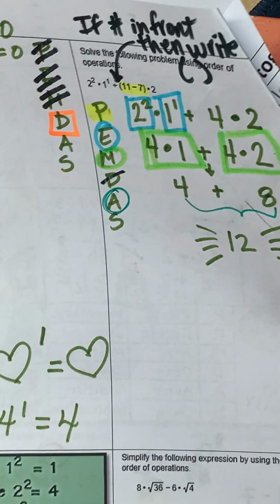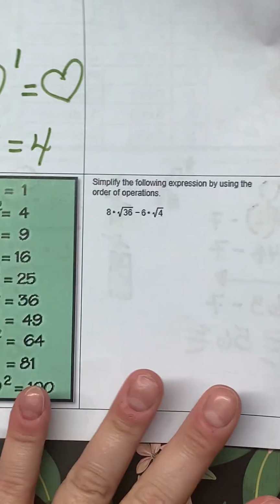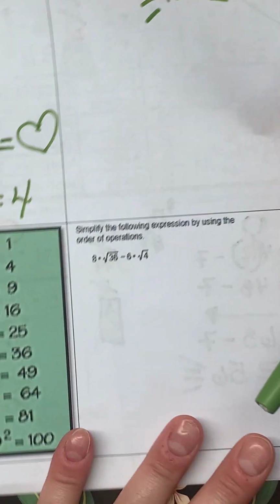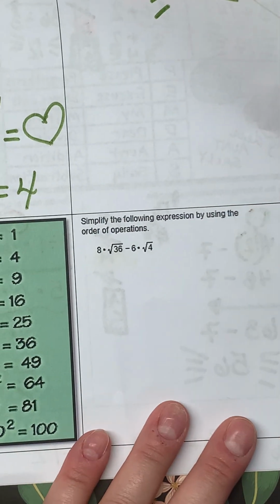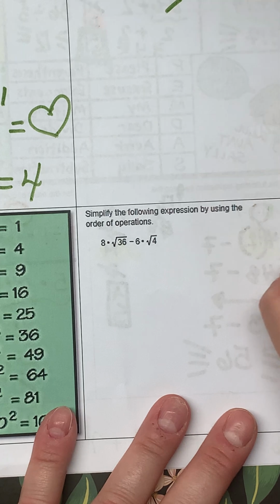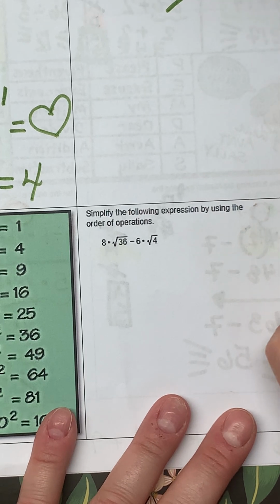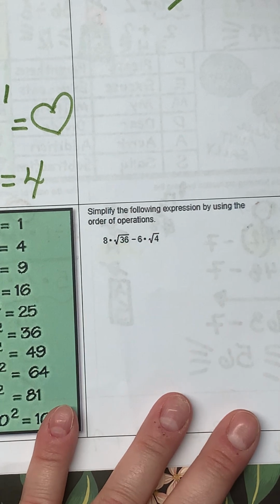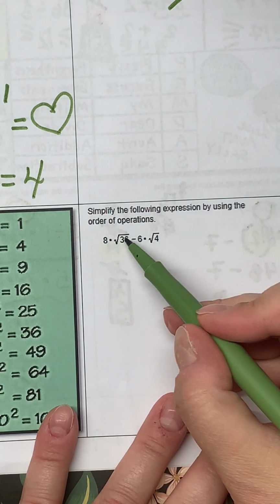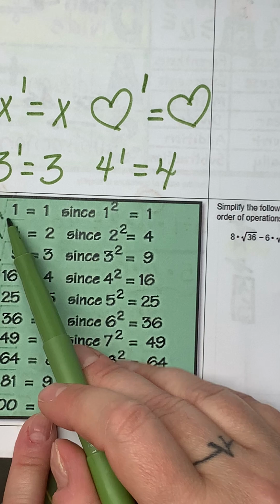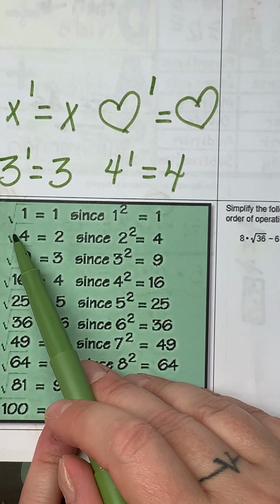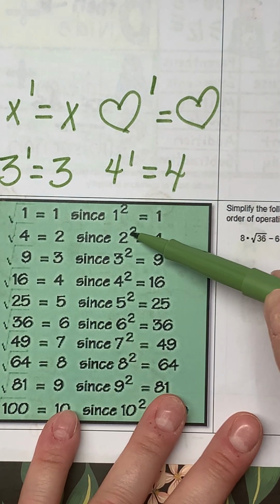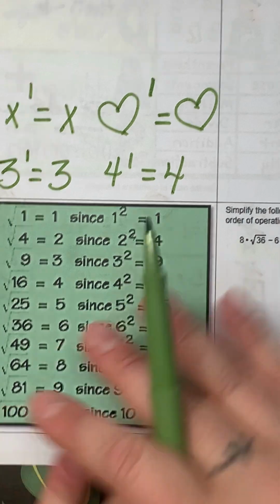Okay, let's keep going. Last sucker. It has some random square roots in it. Okay. First, let me do my PEMDAS. Okay. And then, square roots belong to the E exponent part of PEMDAS.